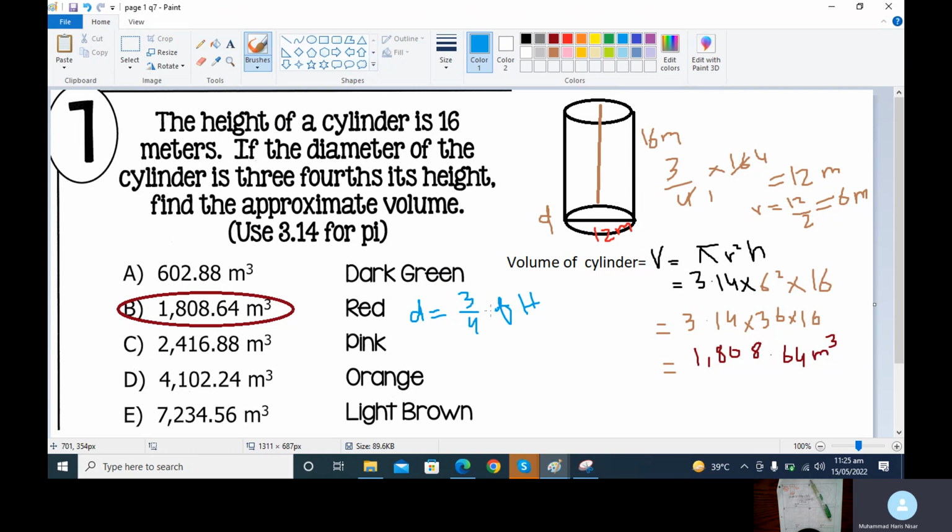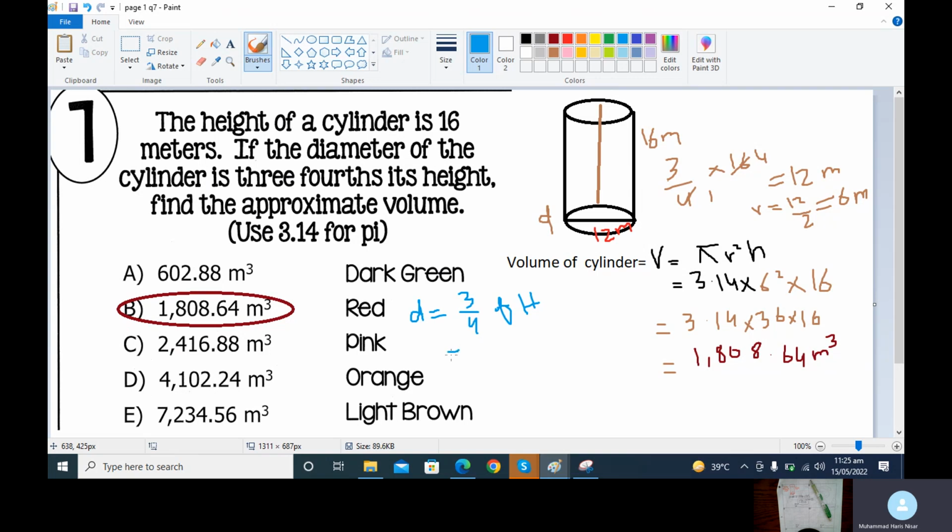Do you have any difficulty in understanding this step? We say if the diameter of the cylinder is 3/4 its height, so d is equal to 3/4 of height. If you are okay with this equation, then I can move forward. Yes, I get it.